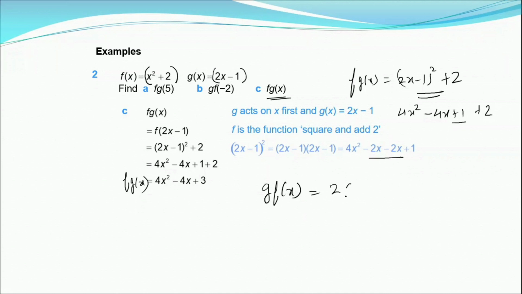So 2 in bracket x square plus 2 minus 1. In the g function, in place of x, we are going to put x square plus 2. So which is 2x square plus 4 minus 1. So 2x square plus 3 will be your gfx.